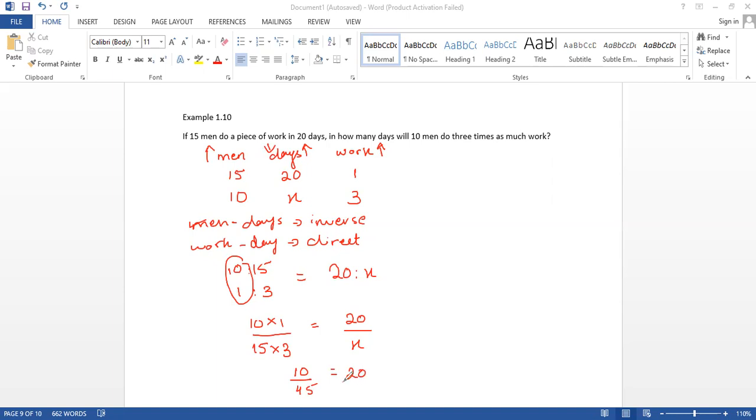So we have 10x equals 20 times 45. Now this 10 is going to divide on the other side. So 20 multiplied by 45 and divided by 10, the 0 and 0 get cancelled off, so x comes to 90 days.